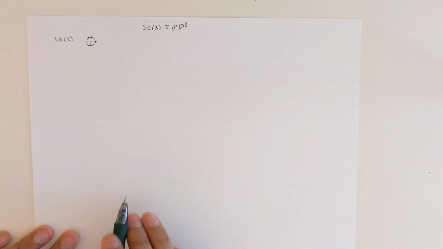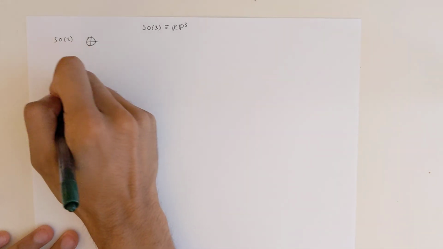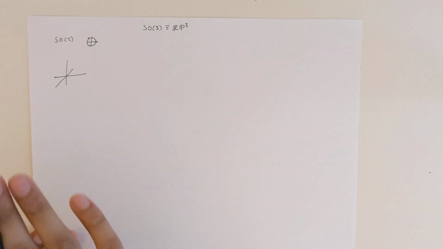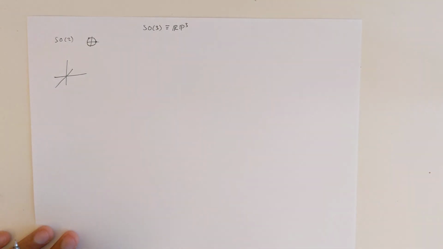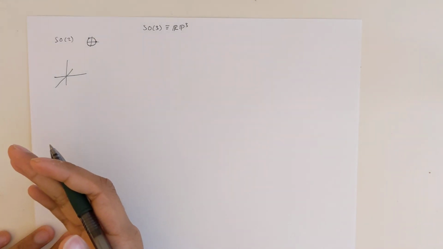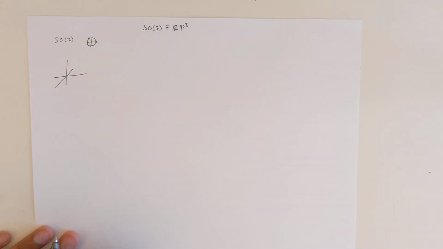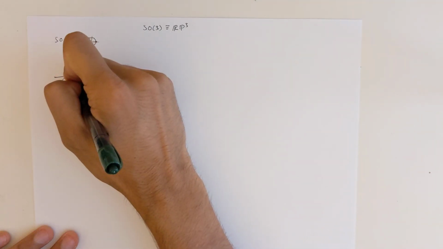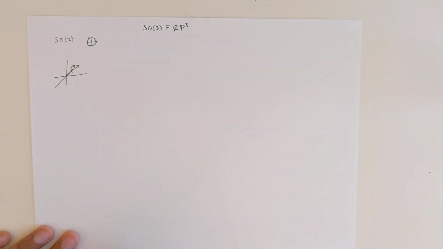Okay, so how can we describe rotations in three-dimensional space? What's the data that you need to rotate in three-dimensional space? In general, when you talk about rotations, it's actually rotations in a plane. But because of the special geometry of three-dimensional space, any plane has a unique perpendicular vector. So in order to specify a rotation in three-dimensional space, all you need to do is specify some direction and some magnitude by which you're rotating about that direction.